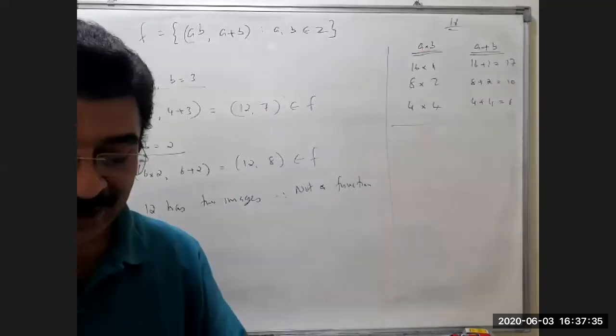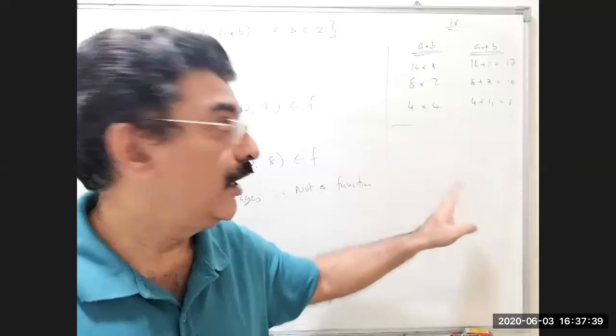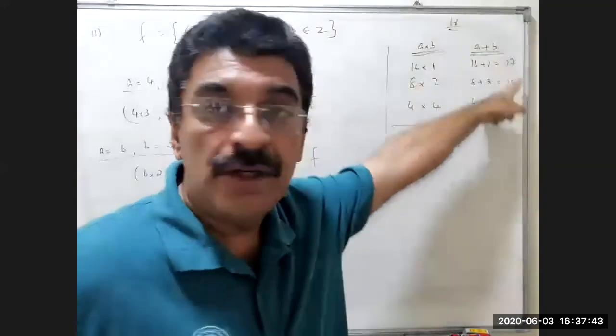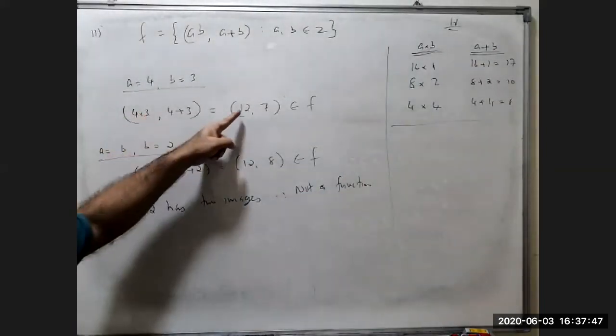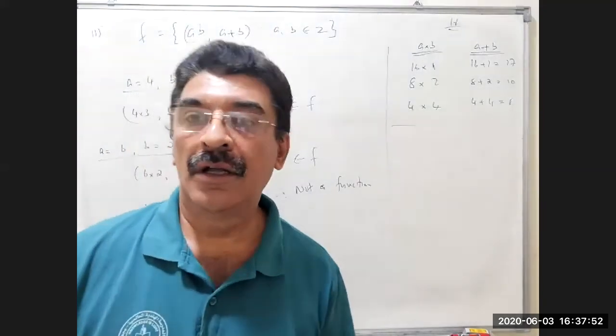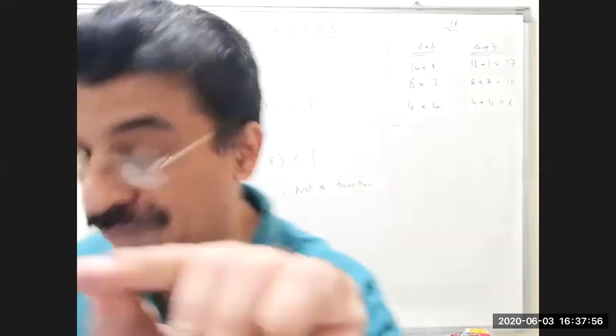If you are taking any number and its factors, the product will be the same, whereas the sum will be different. So that means 16 has many images. Here, the number 12 has many images. Now here, prime number is correct. One of you asked if you are taking a prime number.